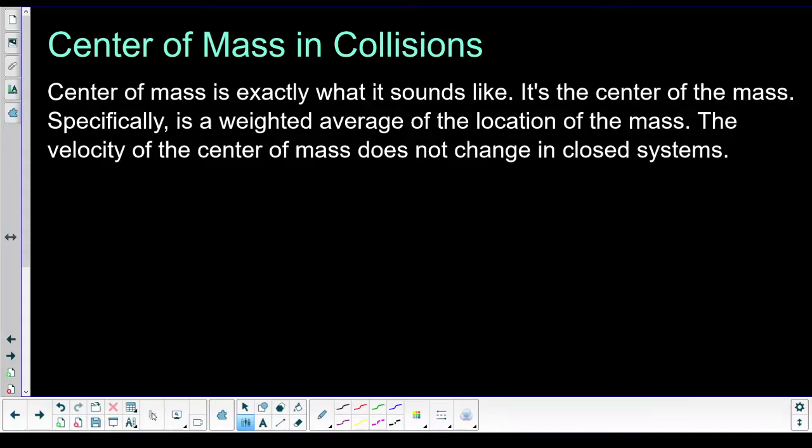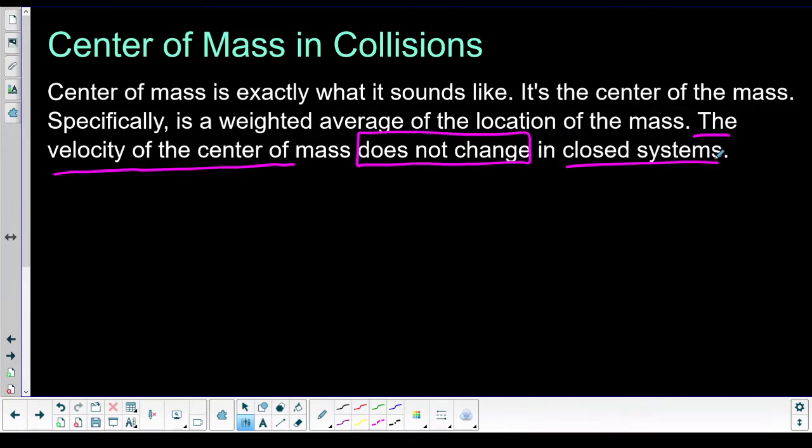Here's the principle that you need to know to do problems with. The velocity of the center of mass does not change in a closed system.